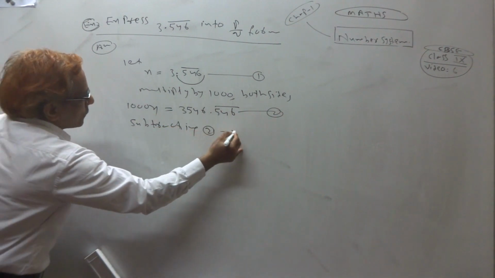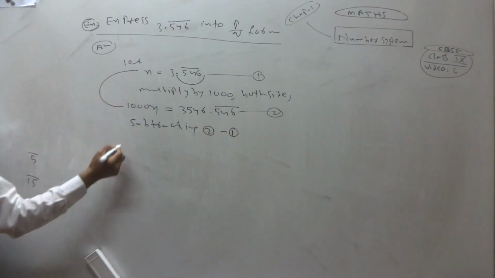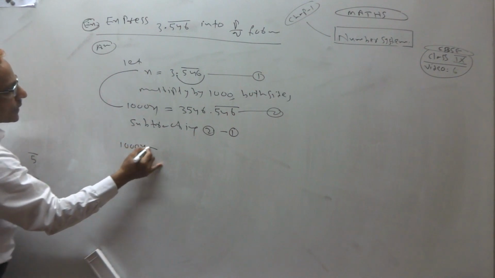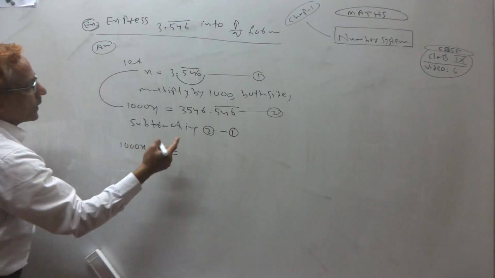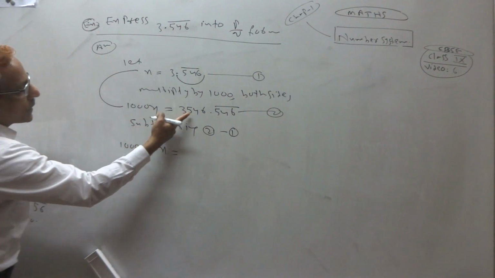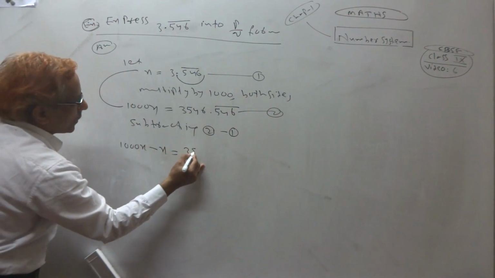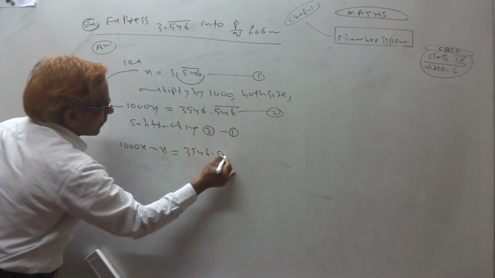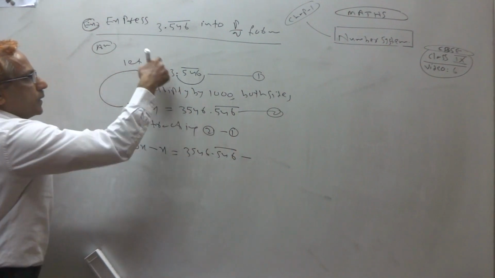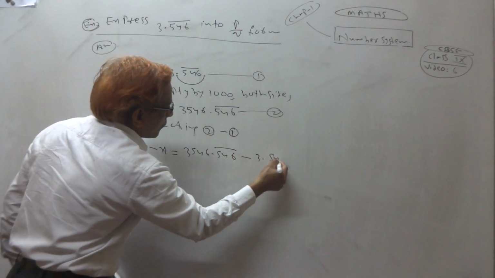Subtracting second minus first. 1000x minus 1x, and this minus this. You write 3546.546 bar minus 3.546 bar.